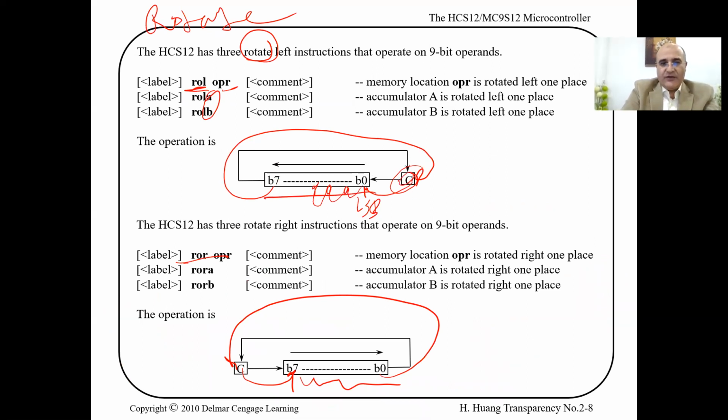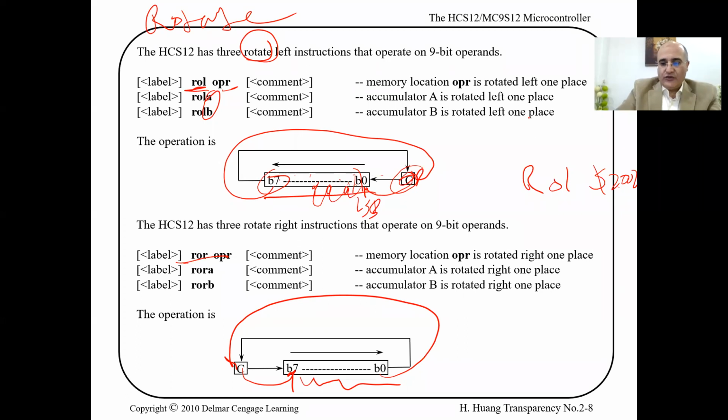So the carry bit that came out from the shift will come into this byte, the bit. Every bit shifts left, the most significant bit goes to the carry. Then you go rotate the other byte, right? Then you go rotate left operand to 0, 0, 2.